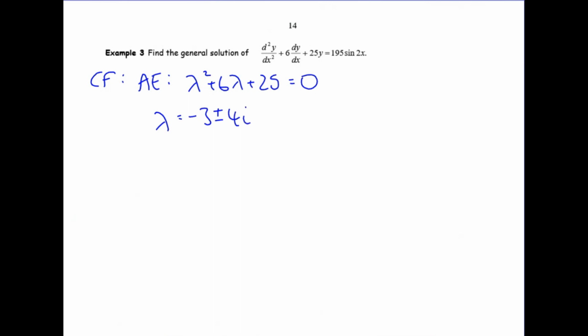That one's involving trig. So do the same thing again. The complementary function I get by doing the auxiliary equation for the left-hand side: lambda squared plus 6 lambda plus 25 equals 0. We get complex roots for this one, so I get lambda equal to minus 3 plus or minus 4i.